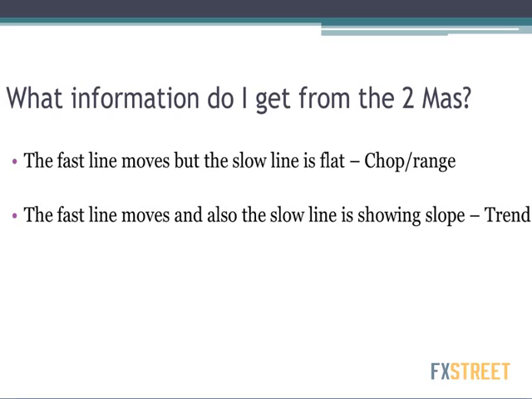How would I anticipate that choppy market? Well, I would see a fast line taking off, but the slow line is really still very flat. And the context is that I have sort of a burst of momentum, but the long-term information is that price is not really making a big change. And if I'm a range trader, this might be great news for me. I might be able to identify, have either continued or really early visual identification of a range that I could trade.